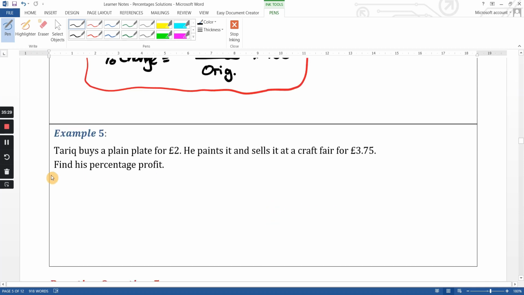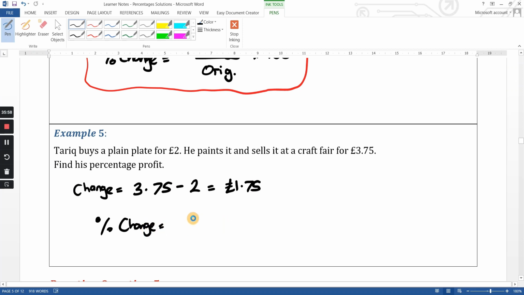So let's work out the change first. What is the change? The change is the difference between £3.75 and £2, which is £1.75. So the £1.75 represents the profit that he makes. Now we can put it in our formula.